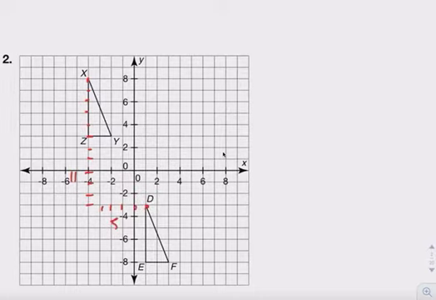So we were like this, triangle XZY. How did they put it?